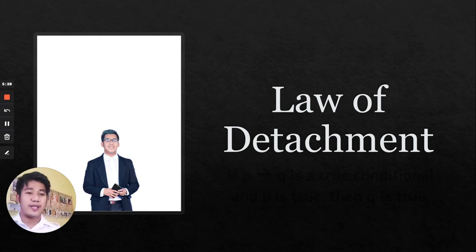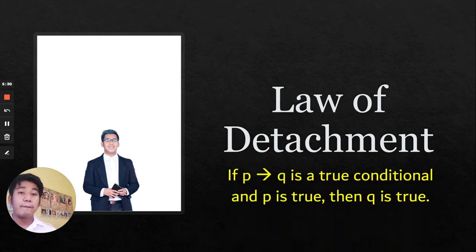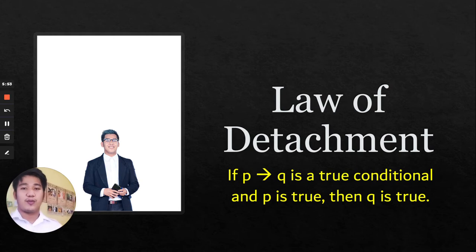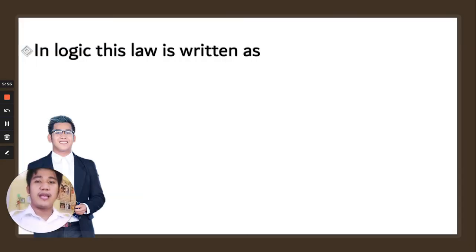Law of detachment, class: if P implies Q is a true conditional and P is true, then Q is true. I hope you get this. Again, if the hypothesis that implies the conclusion is a true conditional and the hypothesis is true, then we can conclude that the conclusion is true. Okay? Next.